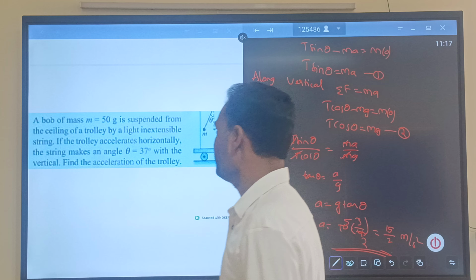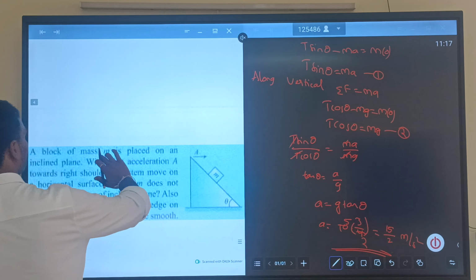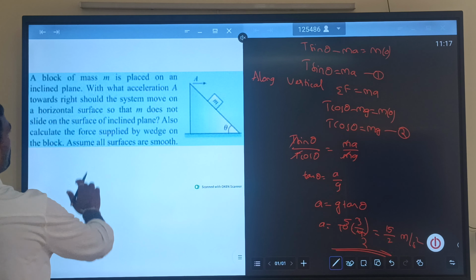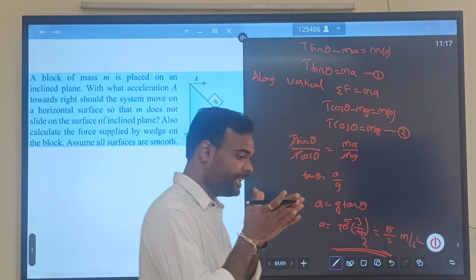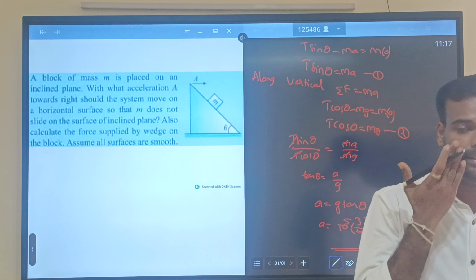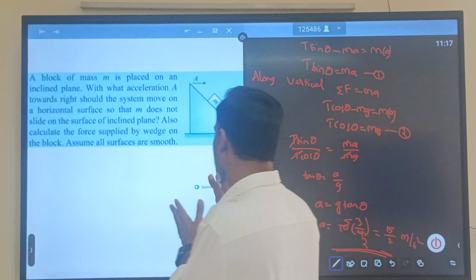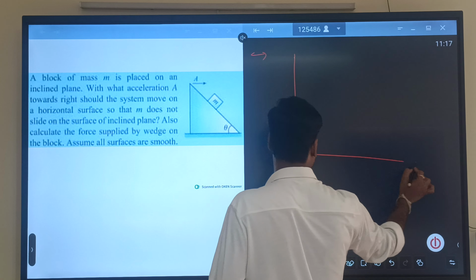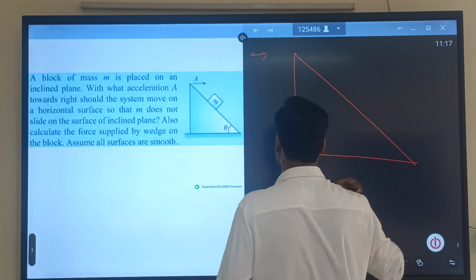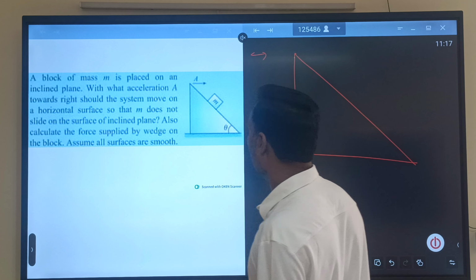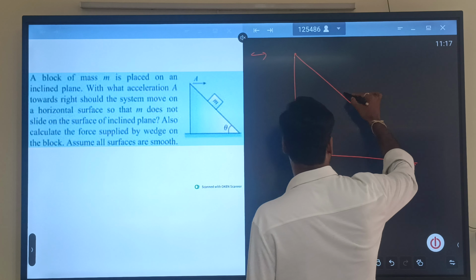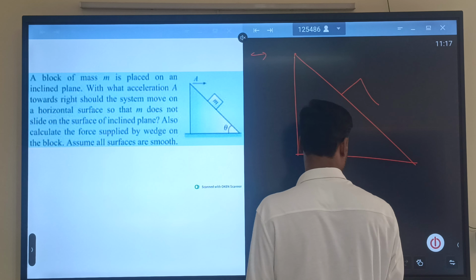The next point is, we will see one more application oriented problem based on pseudo force. The question says that a block of mass m is placed on an inclined plane.